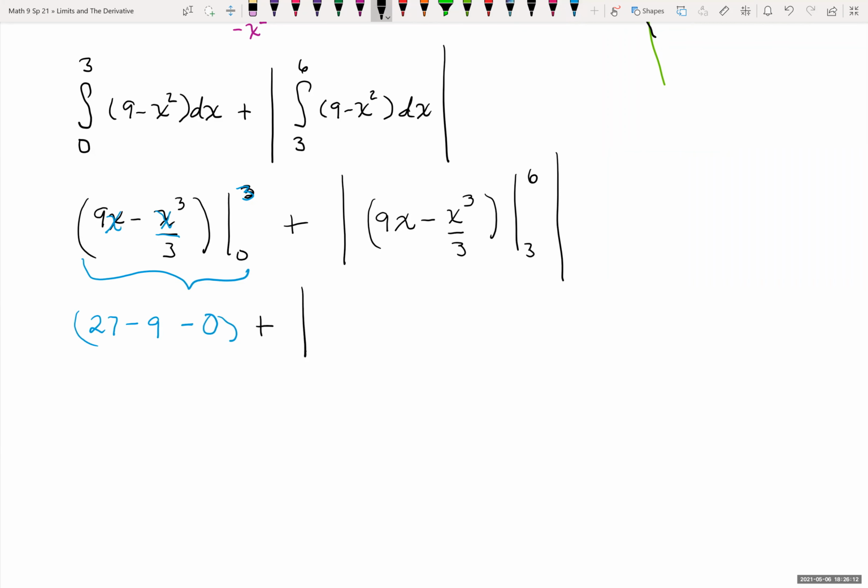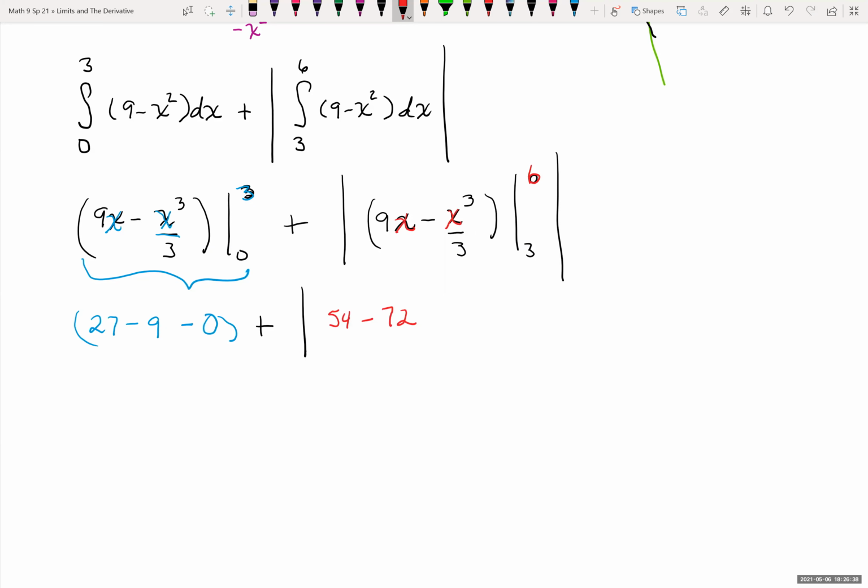Plus the absolute value. So now we're going to plug in 6 wherever we see an x. We have 9 times 6, that's 54, minus 6 cubed divided by 3. 6 cubed is 216, and 216 divided by 3 is 72.